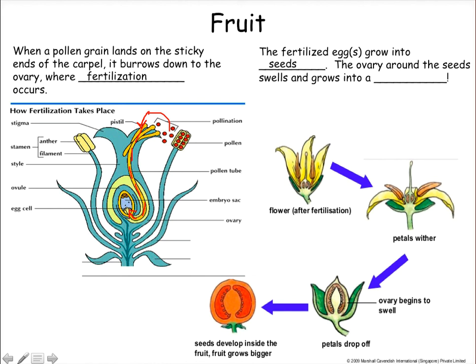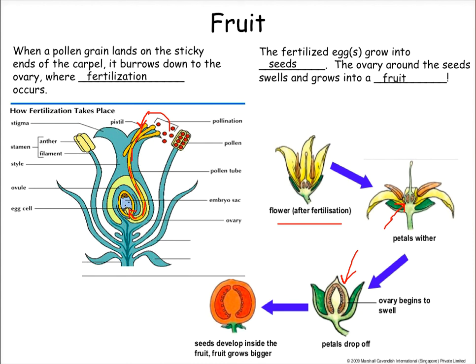And what will happen here, once we have seeds in the ovary, is that the ovary will start to grow. You can see that there. The ovary is growing and it will continue to grow. And as the ovary is swelling up, the flower will give way to what is becoming the fruit.